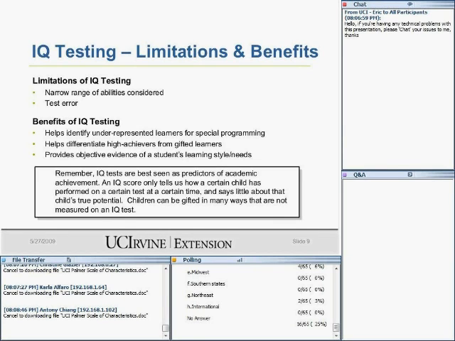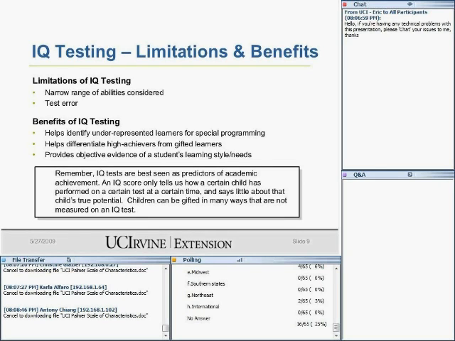So some of the limitations of IQ testing include what we talked about before. It's a very narrow range of abilities that are considered. Basically, verbal reasoning skills and math skills. The ability to reason with words and the ability to reason with pictures, to figure out picture concepts and understand and explain verbal concepts. Another limitation is test error.